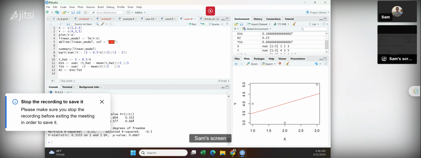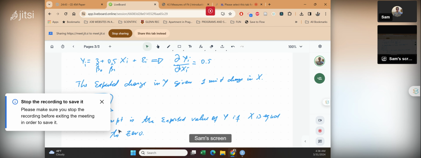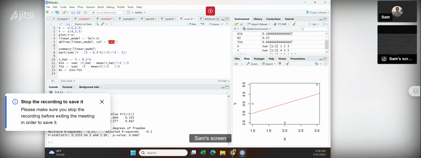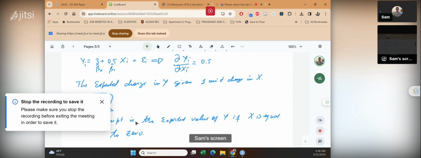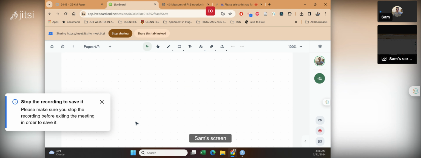Just a minute. So I have to say that this summary function is giving me this kind of nice output. What is this? Actually, these two, t value and p value, are automatic hypothesis testing, or default test of hypothesis.